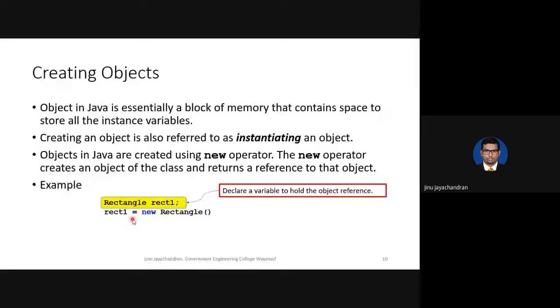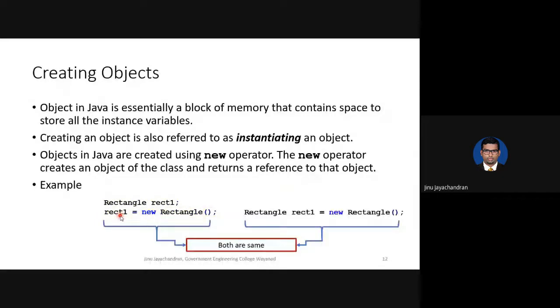This is how you create an object in Java. This can be created in another way by combining these two statements into a single statement, saying Rectangle rect1 is equal to new Rectangle. This is also the same as the previous one. You can create an object of the class in either way. Both are the same.